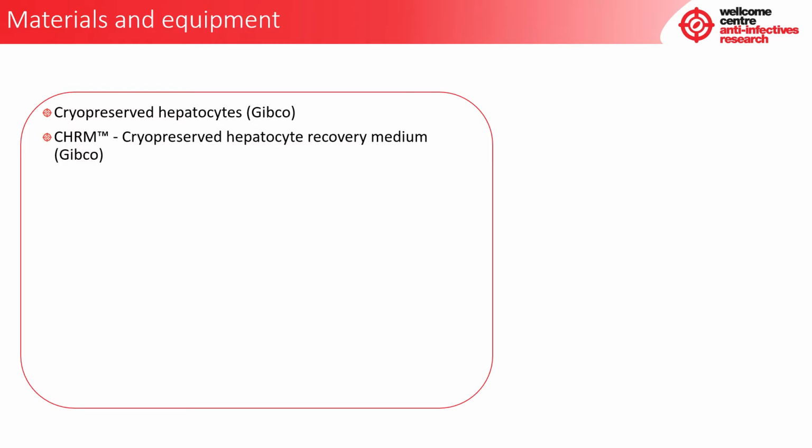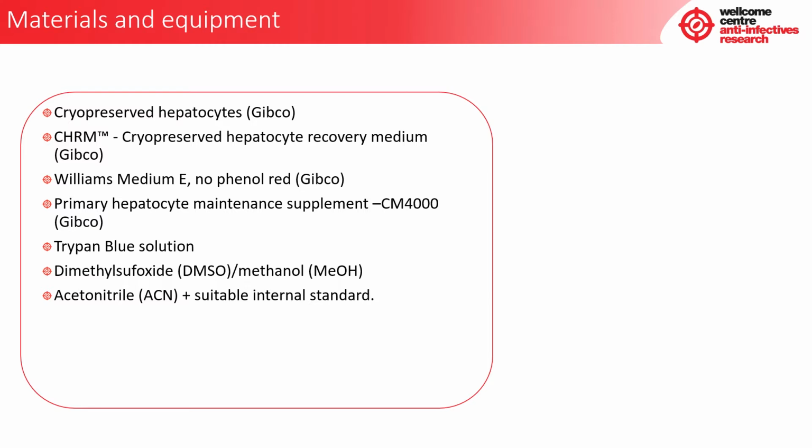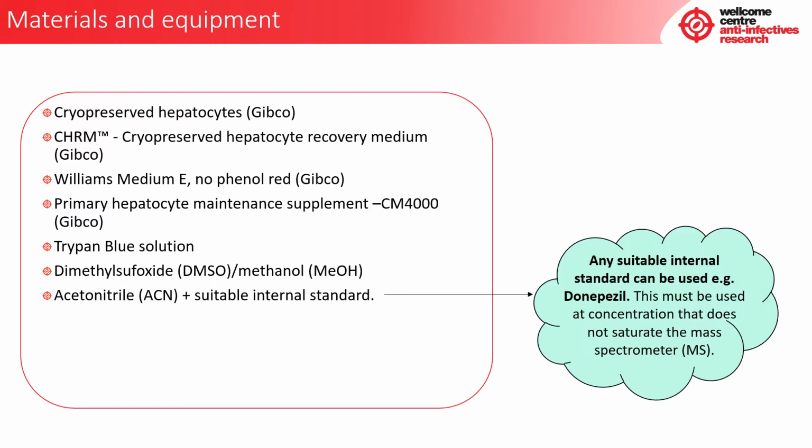For this experiment, you will need cryopreserved hepatocytes, CHARM, which is cryopreserved hepatocyte recovery medium, Williams medium E with no phenol red, primary hepatocyte maintenance supplement CM4000, trypan blue solution, dimethyl sulfoxide or methanol, acetonitrile plus a suitable internal standard.